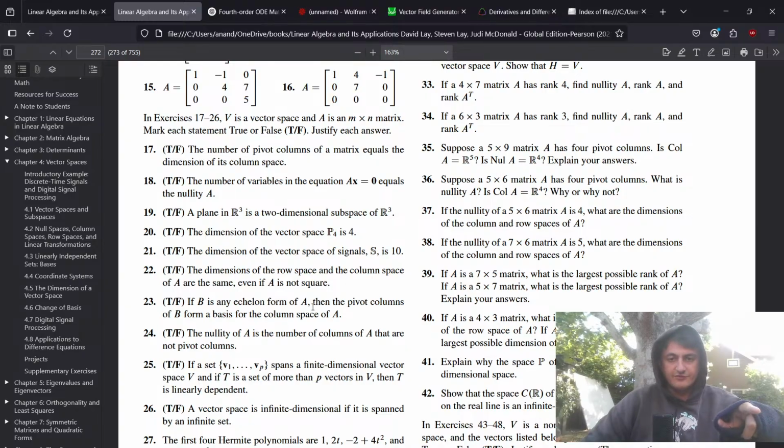So if you take the indices of the pivot columns, then those form a basis of A. But just the pivot columns of B don't. Then, okay, 24. The nullity of A is the number of columns of A that are not pivot columns. Yeah, I think that's true. If it's not a pivot column, then it's free.